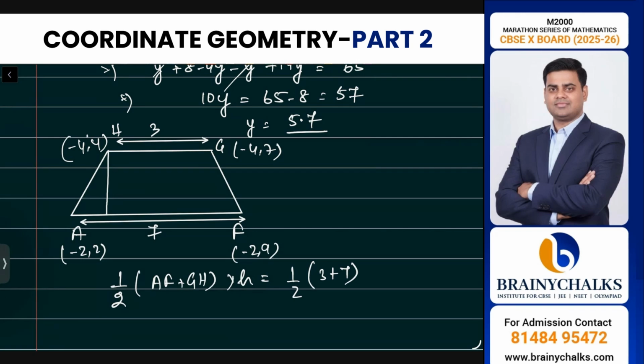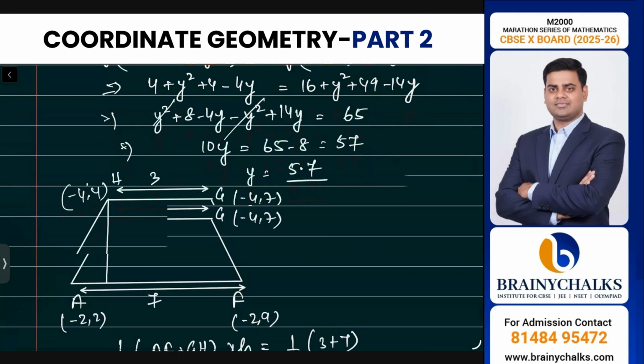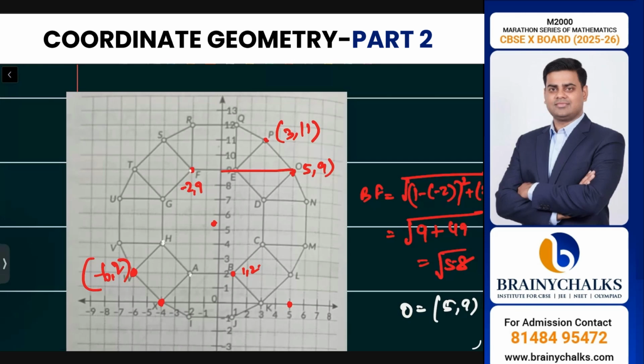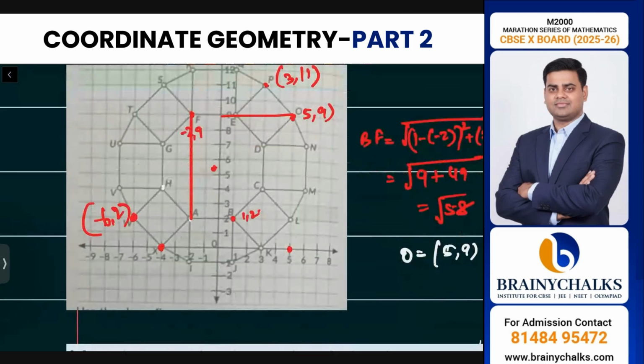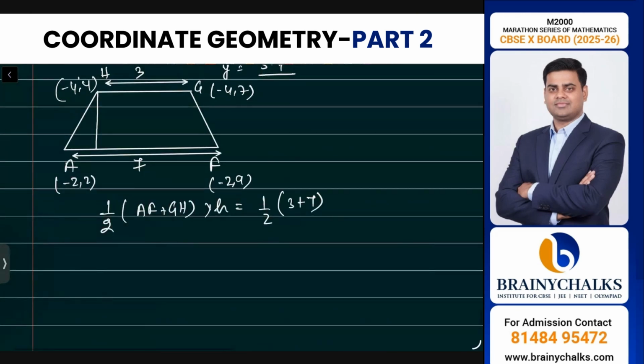How much is the height? Height of the trapezium. What is the height? Look at the graph, the height is 2 units. So into 2, it will be 10 square units.